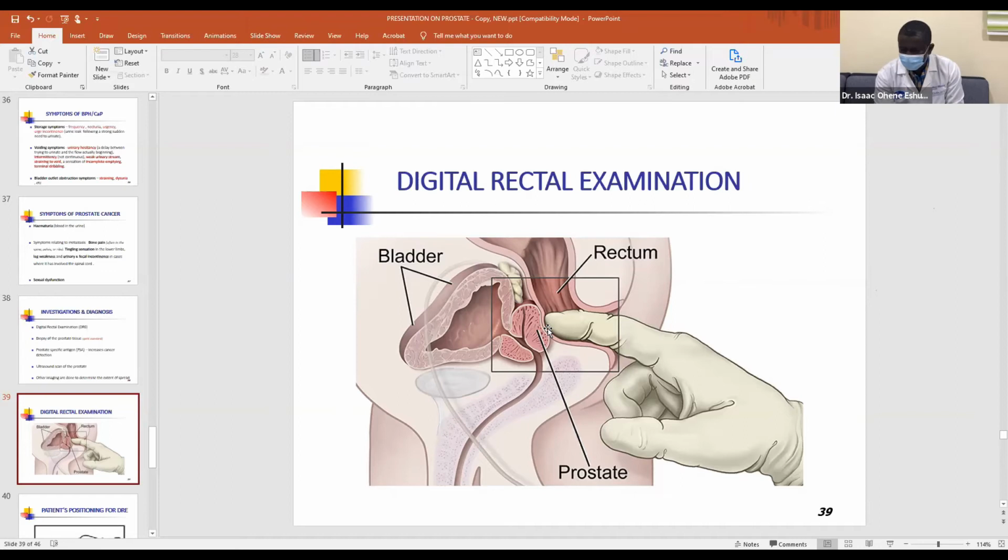The doctor is interested in the surface of the prostate, and there are other parameters we would look out for. But if the surface of the prostate is bumpy, let me use that term, at least it gives you an idea. When it's enlarged, you could also have a fair idea. So this, by far, is a simple examination technique you can do in the consulting room.